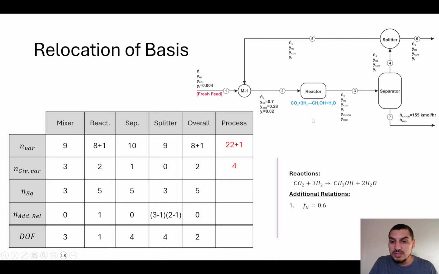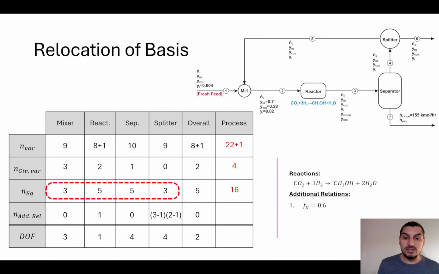The number of equations is the summation of these, which is 10 plus 6 is 16. And the additional relations are 1 plus 2, which is this additional relation plus the splitter restriction, so the number of additional relations is 3. Now things will get interesting. If you count 23 minus these, it's going to be 0.